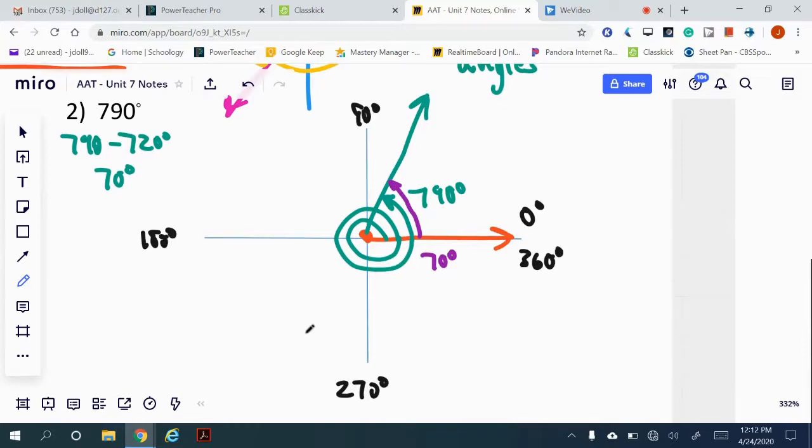Notice they both start at the initial side, they both terminate at this green side, but obviously the 790 is much larger because it made 2 full rotations around the coordinate plane, where the 70 degrees just went 70. It didn't make any full rotations. Now, the 70 is not the big deal here. We want to make sure we graph the 790 because that's what's asked. But again, this idea of coterminal angles is how we get to understand a 790-degree angle.